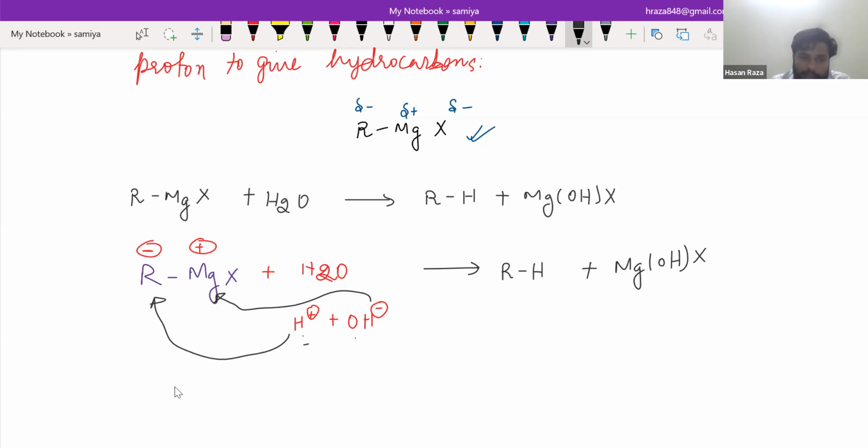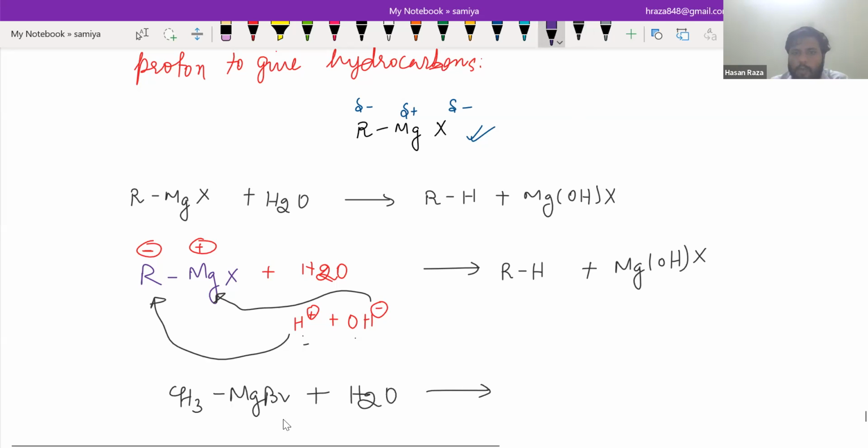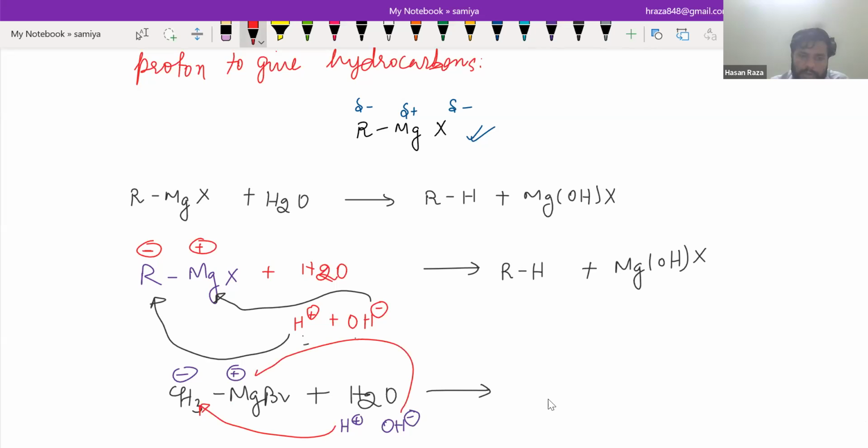Again, if I take another example like CH3MgBr, and you react this with H2O, what will be the product? This will have positive charge, this will have negative charge. Now this H2O part, H plus and OH minus. So this positive will move to this negative and this negative will move to this positive.